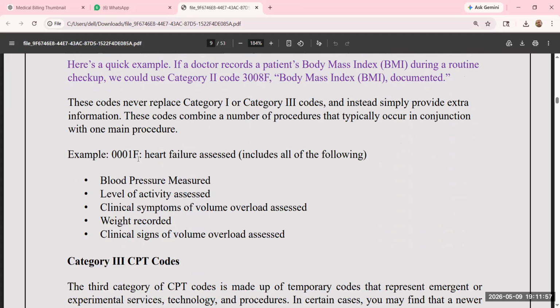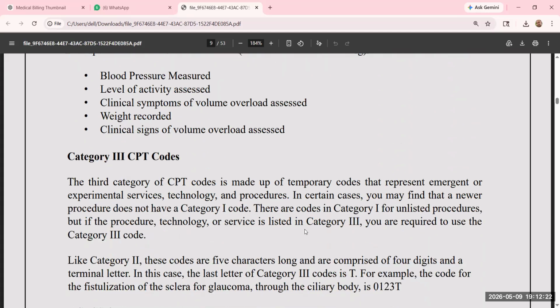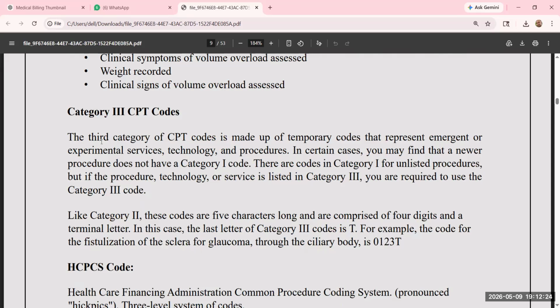Example here is 0001F, heart failure assessment, including all of the following: blood pressure management, level of activity assessed, clinical symptoms of volume overload assessed, weight recorded, clinical signs of volume overload assessed. So all these details are covered under 0001F. So in this way these codes are providing extra information.